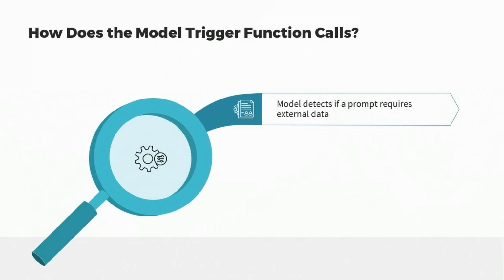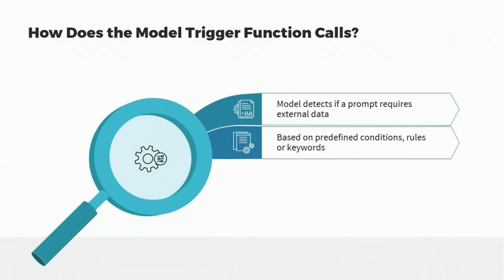The model does not know of any and all APIs that exist in the world. So these are APIs that you know are available and that you can call, and you make them available to the model. The functions that the model knows to call is guided by predefined rules, keywords, or conditions that we as developers set during the model's integration.